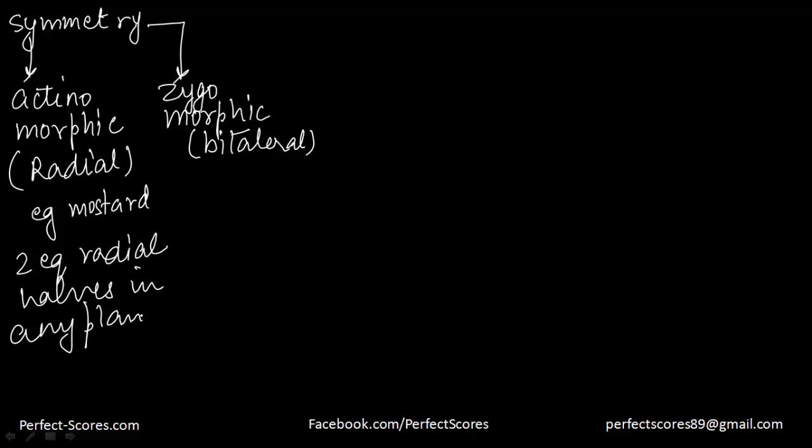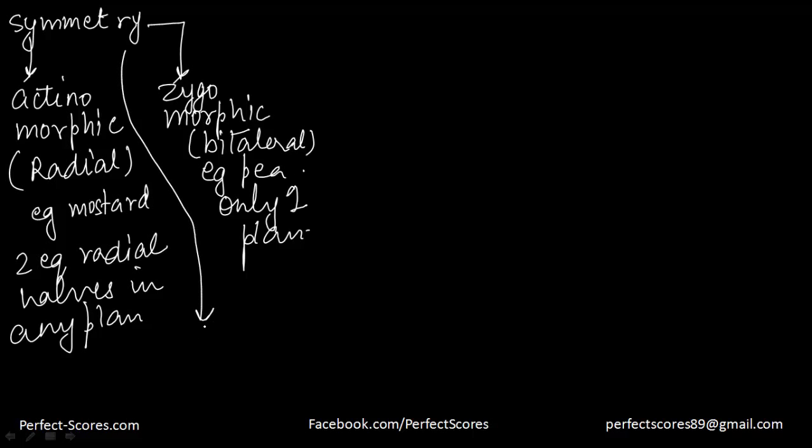But if it can be divided into two similar halves only in one plane, that is called zygomorphic. The example is a pea plant. And sometimes there are other kinds of flowers that are asymmetric, that do not have any symmetry. It cannot be divided into two similar halves by any vertical plane. For example is canna.